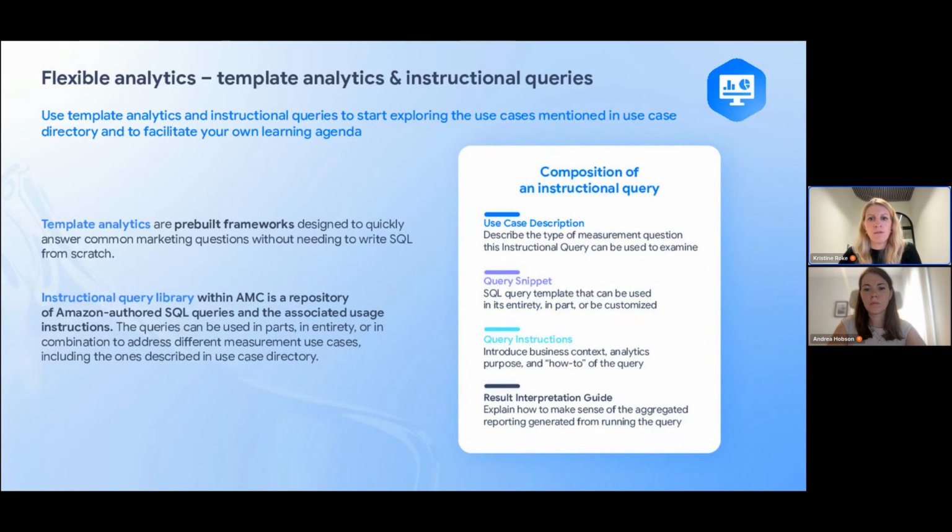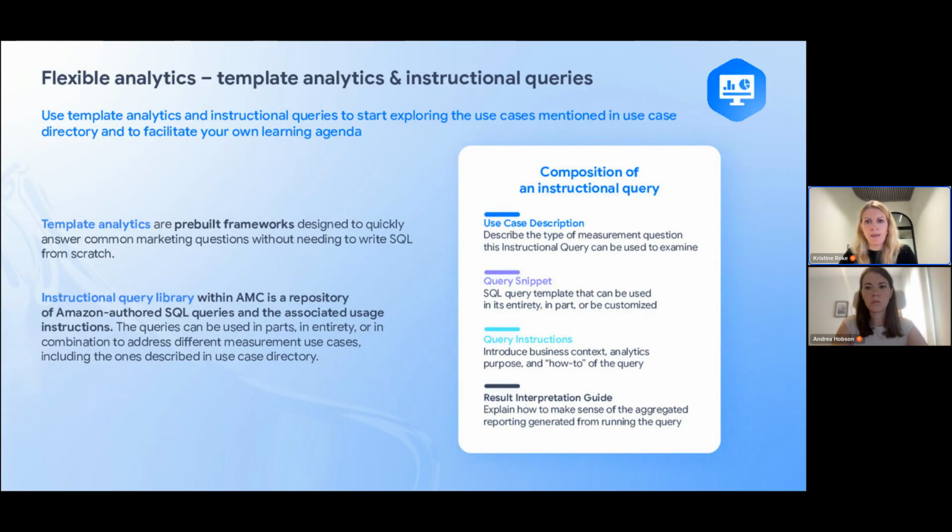And to make all of this analysis process easier, Amazon provides two approaches to analyze. You can use either the template analytics or the instructional queries. For example, the template analytics offer a predefined analysis built directly into AMC, designed around common market questions, for example, reach overlap, frequency analysis, or path to conversion studies.